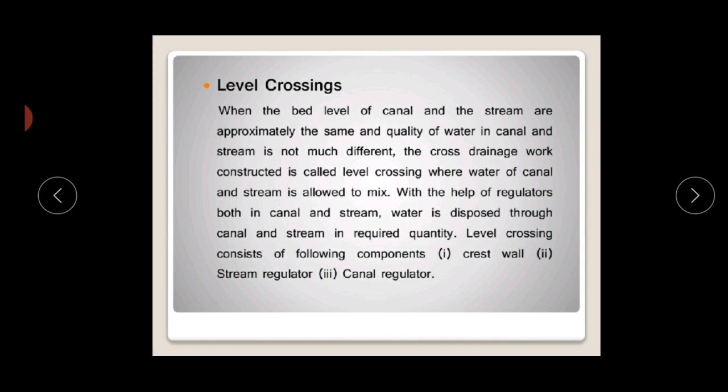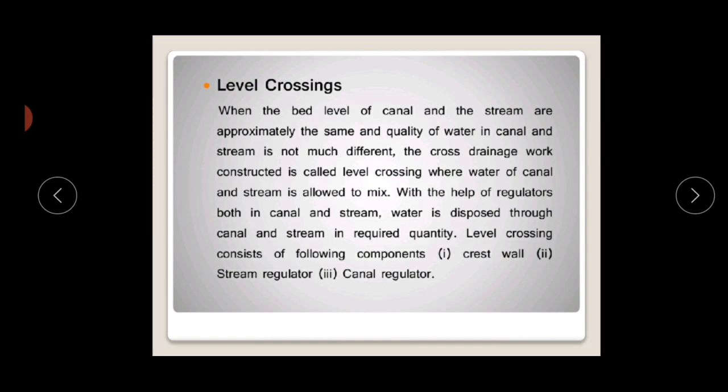So here they are going to mingle at the same level, and a regulator is provided across the drainage just on the downstream side of the crossing so as to control the discharge passing into the drainage.